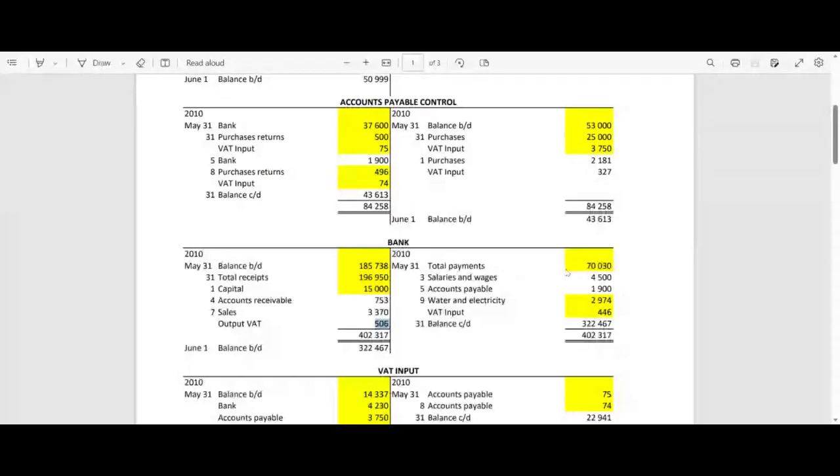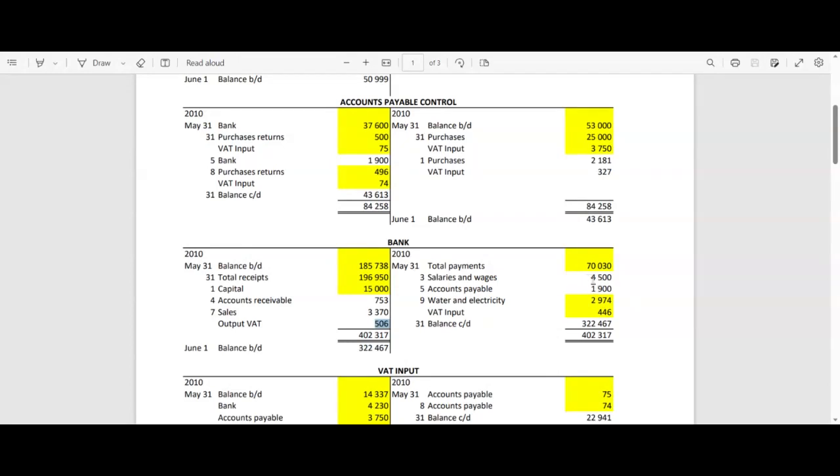We're going to go back to our bank account in the general ledger. There we can see that in this case we had an opening balance that was a debit, so we won't have an opening balance on the other side. But there we've got the total payments for the transactions during the first half, right? So the first half of the month is now separate from the rest of the transactions that we actually captured ourselves, and there we find them: the salaries and wages total of the column, the accounts payable total of the column.